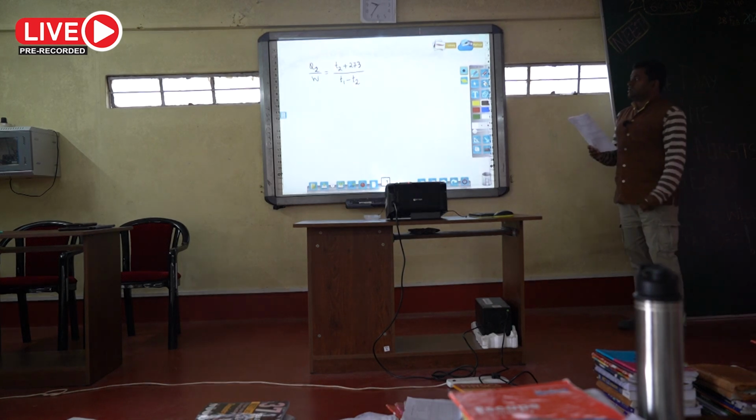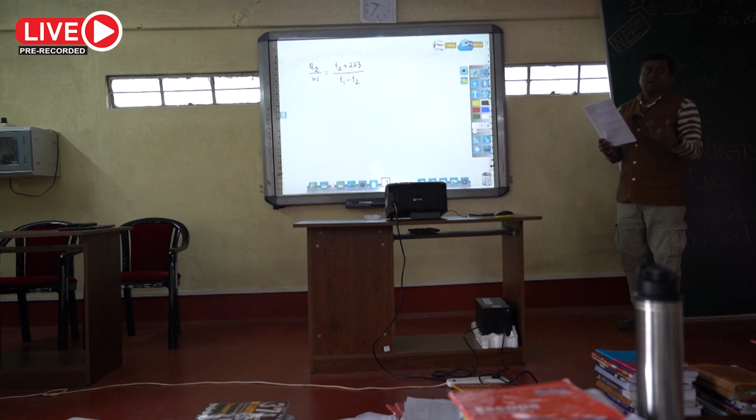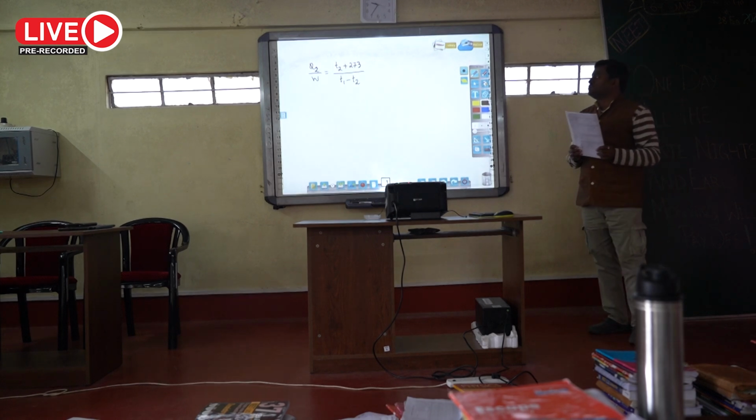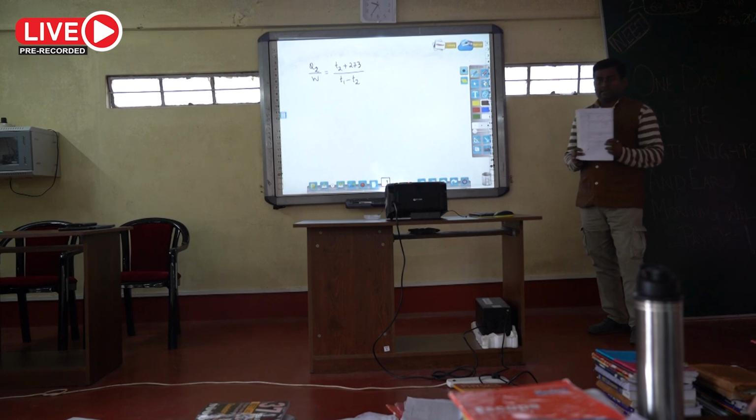Q2 by W equal to coefficient of performance, that is equal to T2 by T1 minus T2. But since T2 is given in Celsius scale, you have to convert it to Kelvin.